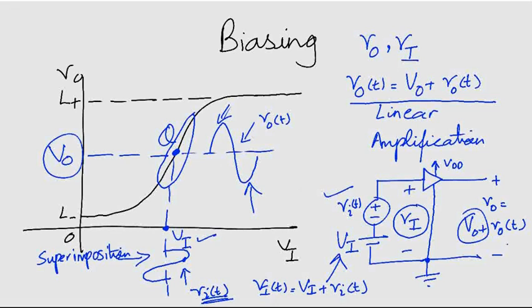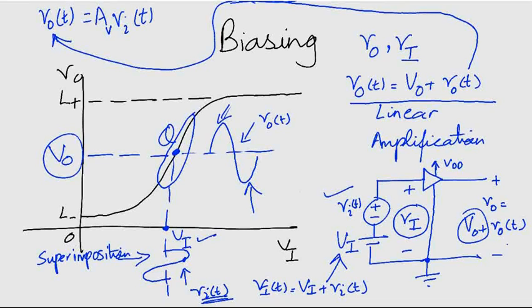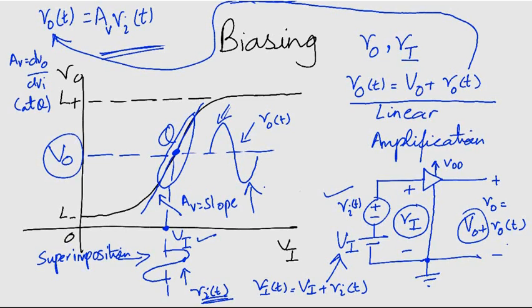with vo(t), the unbiased signal output, given by this equation, where Av is the slope of the almost linear segment of the transfer characteristic, given by dVO over dVI at Q. So again, if we confine our signal to this portion of the graph, we can achieve linear amplification.